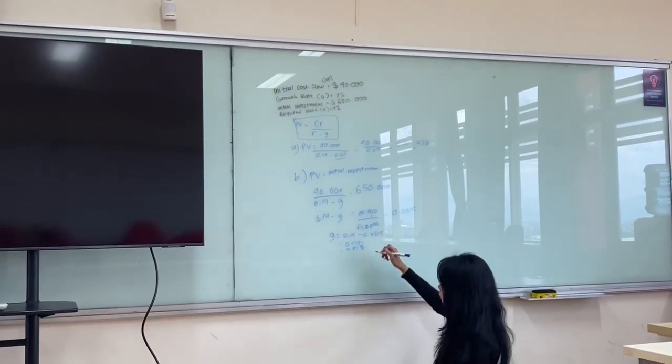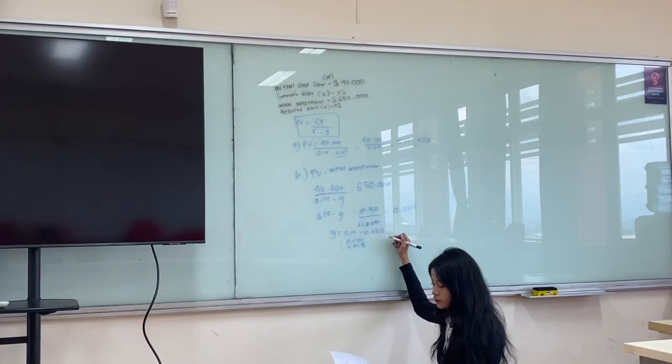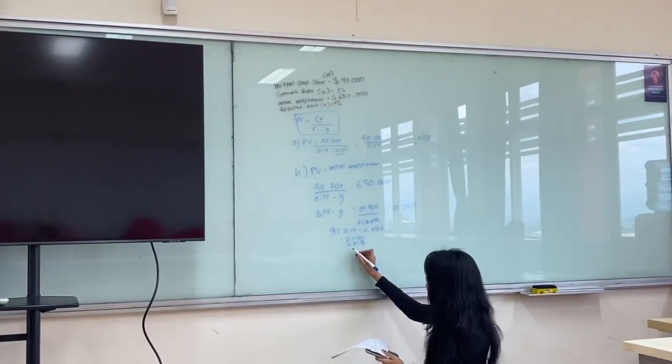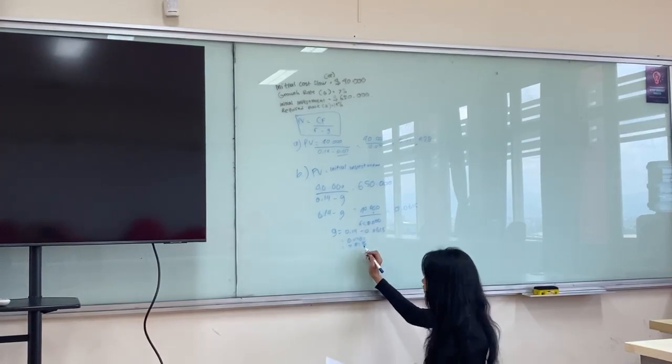So the company would break even if the growth is 7.85% instead of 7%.